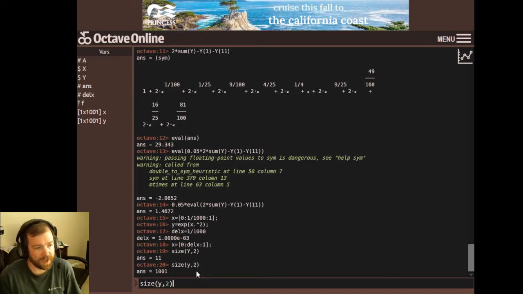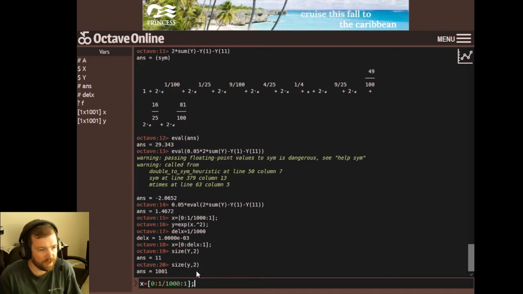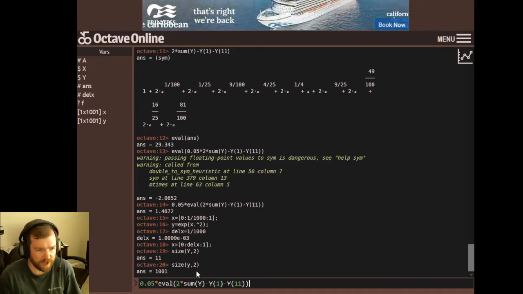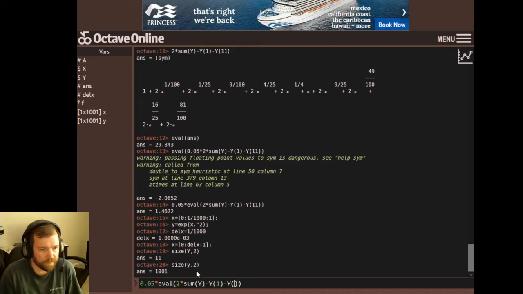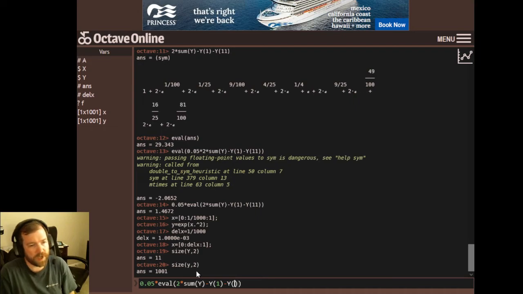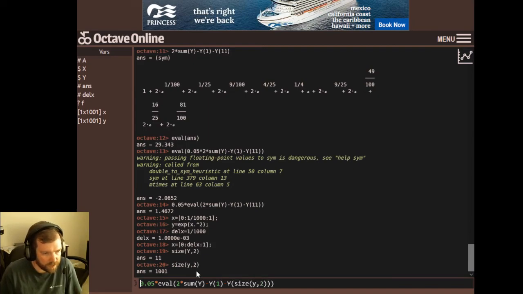Okay, so I want that term to be subtracted. I want the first term to be subtracted out, and I also want the size of little y comma 2 to be subtracted out.